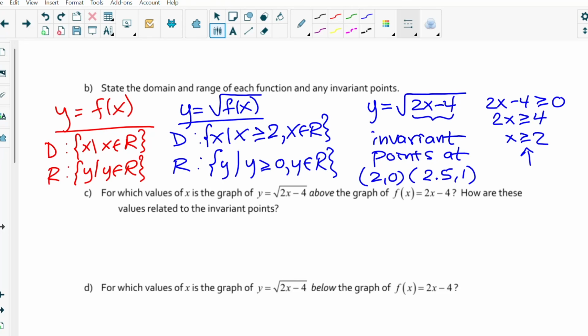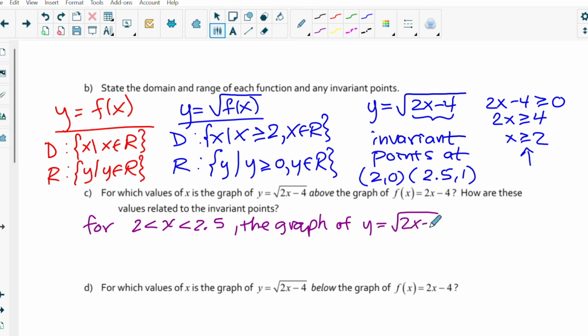Okay, so if you go back to our graph, for x greater than 2 but less than 2.5, the graph of y equals square root of 2x minus 4 is above f of x equals 2x minus 4.